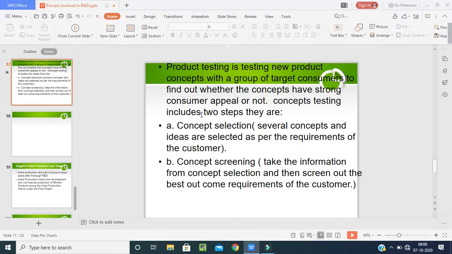They will bring the output into the market and do a small research. They will manufacture 50 or 60 units, for example, sell them and do research on it. What is the consumer's concept towards it, is the consumer selecting our product or not, or screening it? On what basis are they selecting?